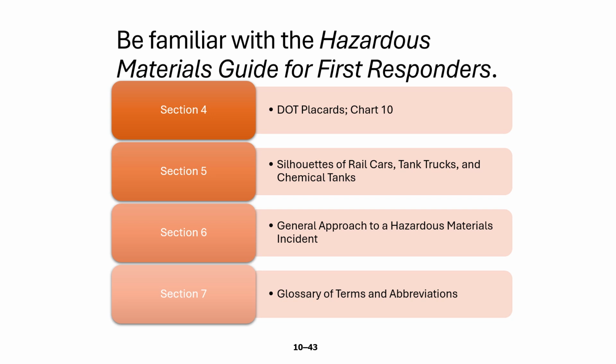Section 5 is silhouettes of rail cars, tank cars, and chemical tanks, to help you understand the shapes and determine what type of substance you will have based on the shape of the vehicle or what's being transported. Section 6 is the general approach to a hazardous material incident, and the last, section 7, is a glossary of terms and abbreviations.